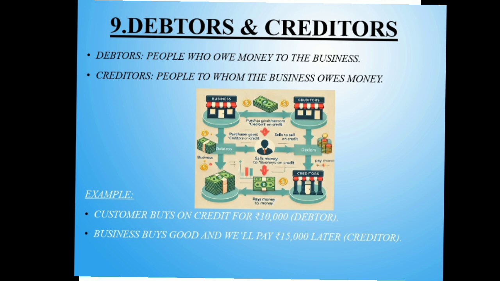A debtor is someone who takes goods or services on credit and has to pay later. And a creditor is someone who gives goods or services on credit and will receive money later.